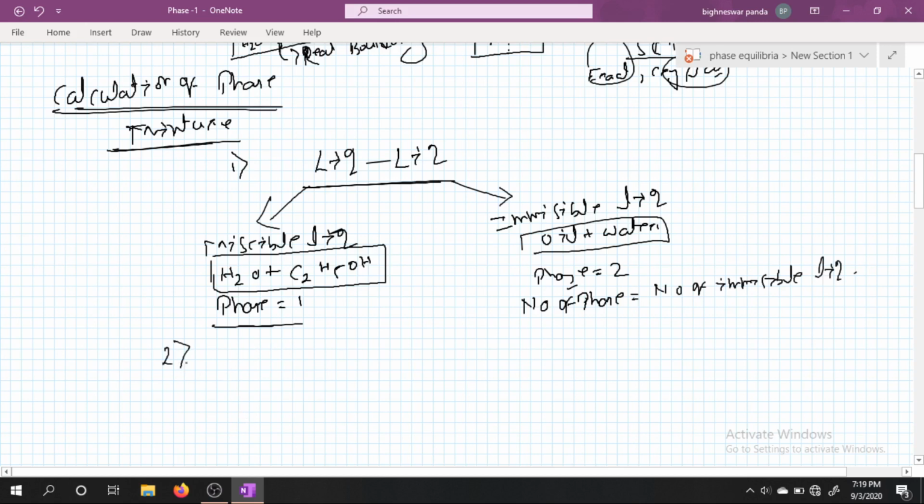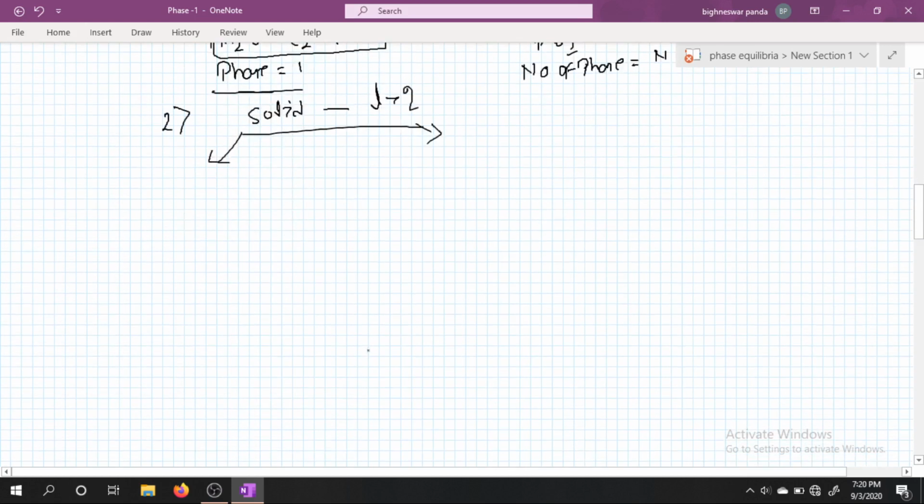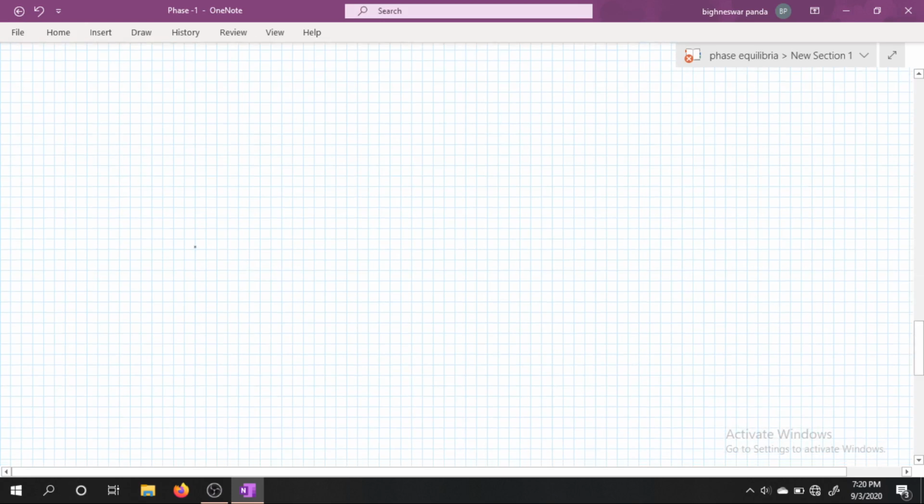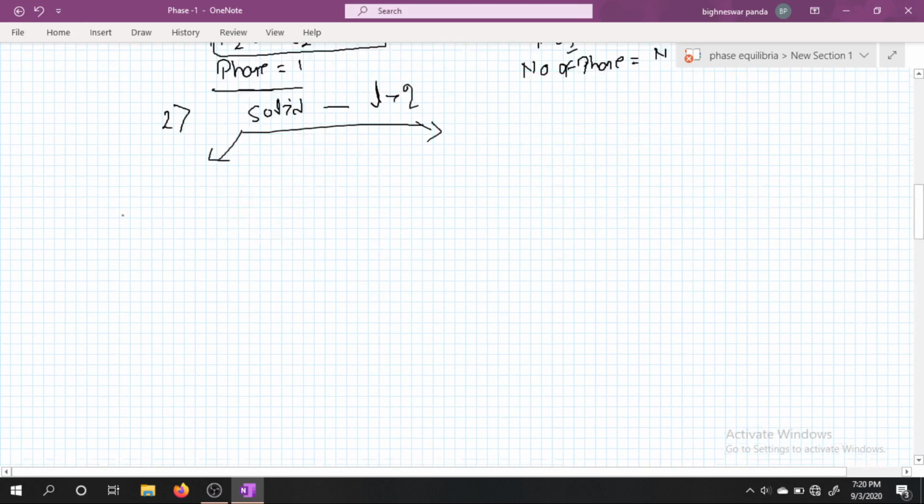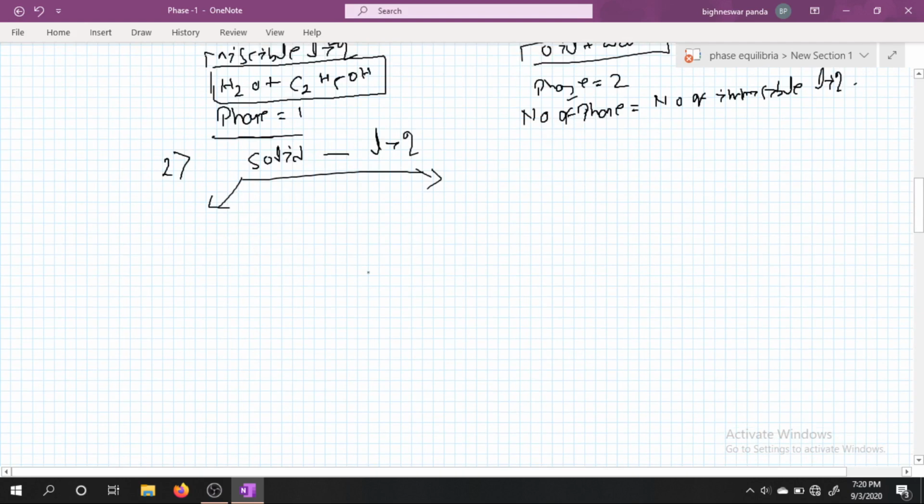Another type of mixture is solid-liquid. So, solid-liquid, there are also two cases: solid dissolved in liquid.